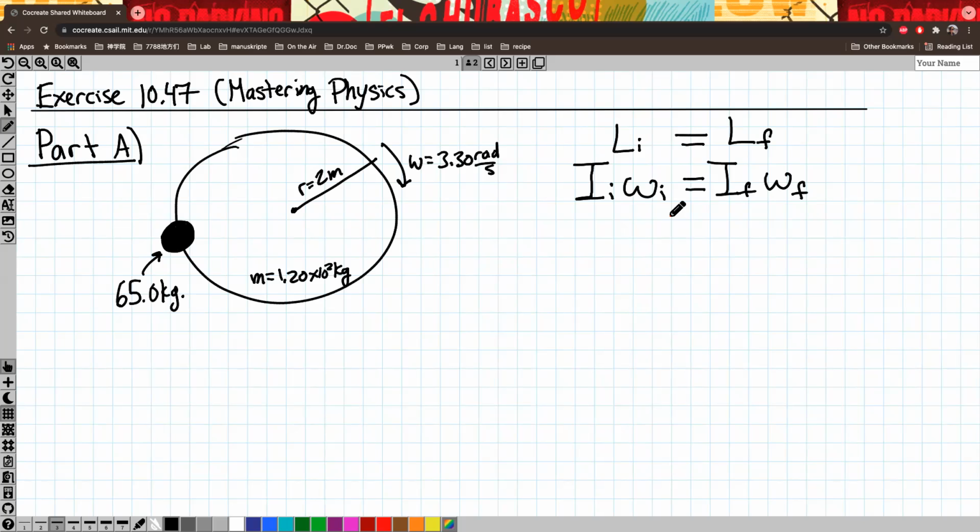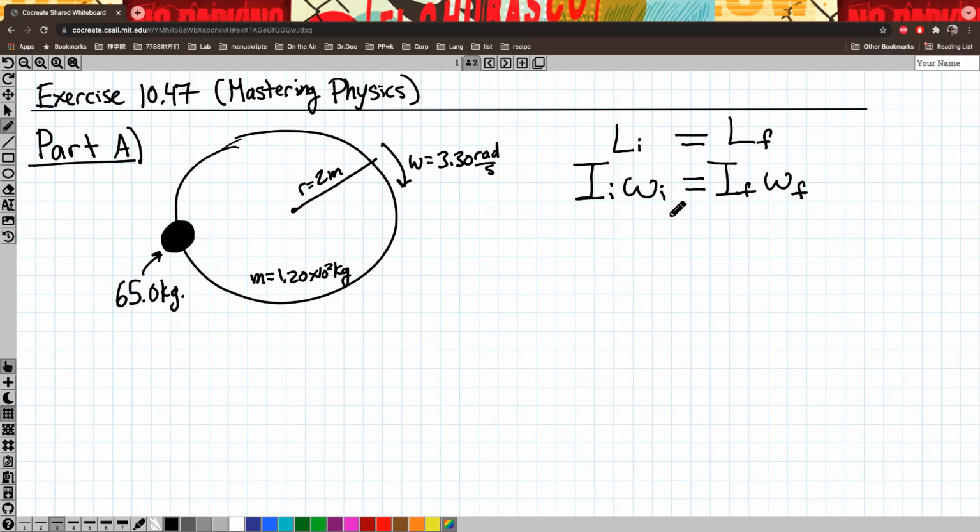Okay, so the initial inertia. Well then, it would be, well, I'm just constantly thinking of it.